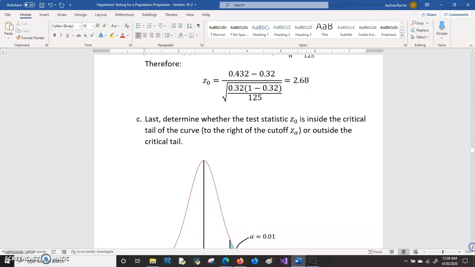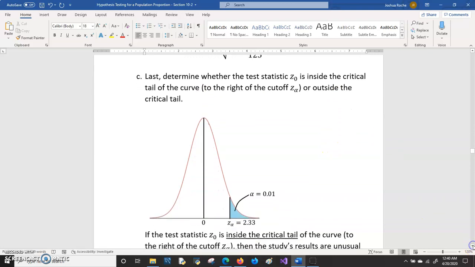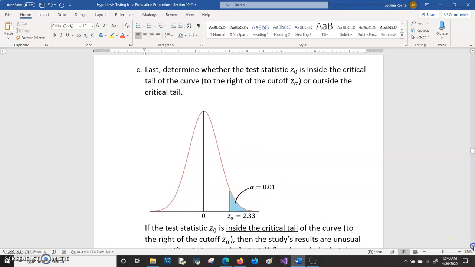Now that you have the test statistic, the last thing is that you'll want to determine whether that test statistic is inside the critical tail of the curve or outside the critical tail. In this case, inside the tail would mean that it's some value on this side, to the right of our cutoff, and then outside the tail would be if it was on this side, to the left of the cutoff.